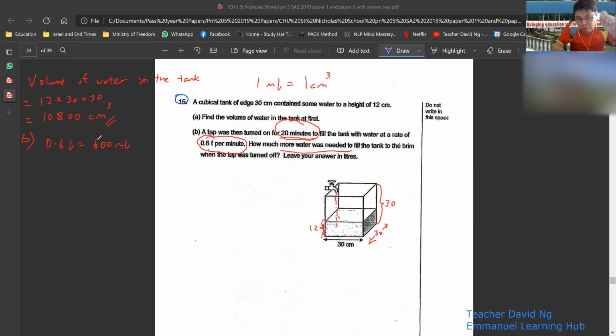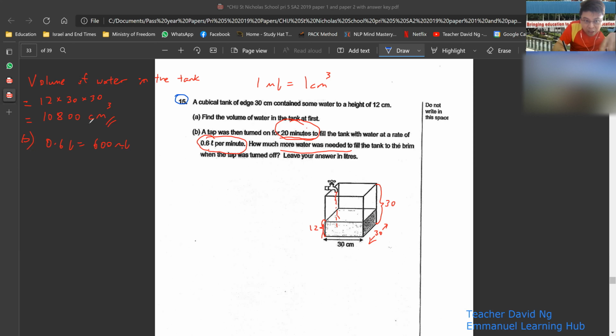Okay. Because so far the unit we have chosen is cm3. So it depends on the student, their comfort level. You want to use cm3, ml throughout, then once you get the finalized answer, you convert to liters.